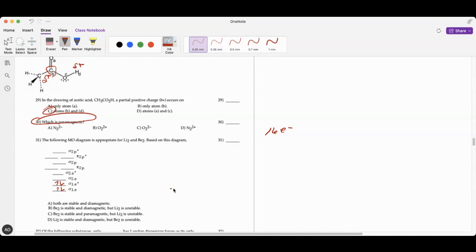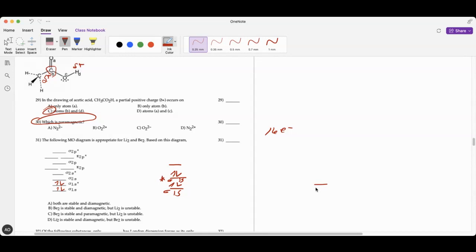Now we have to fill this up differently. This is the sigma 1s, this is the sigma 2s. So sigma star 2s, and we'll put 2 electrons in there. Sigma star 1s.